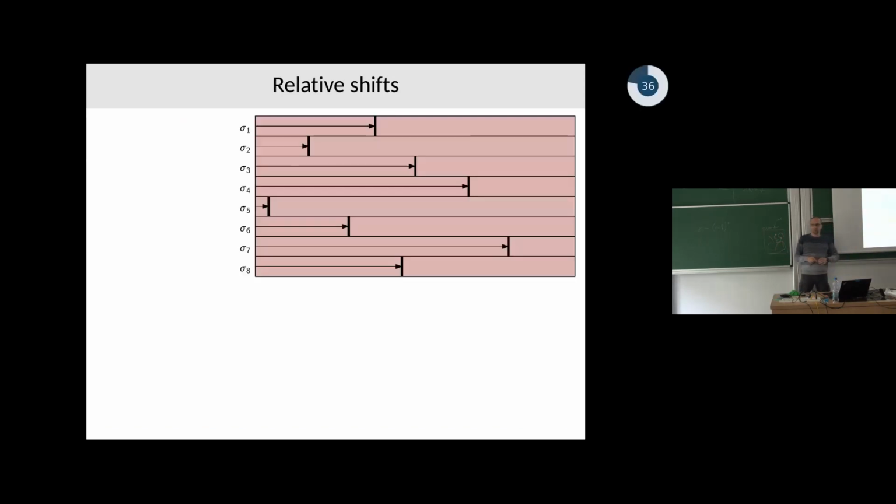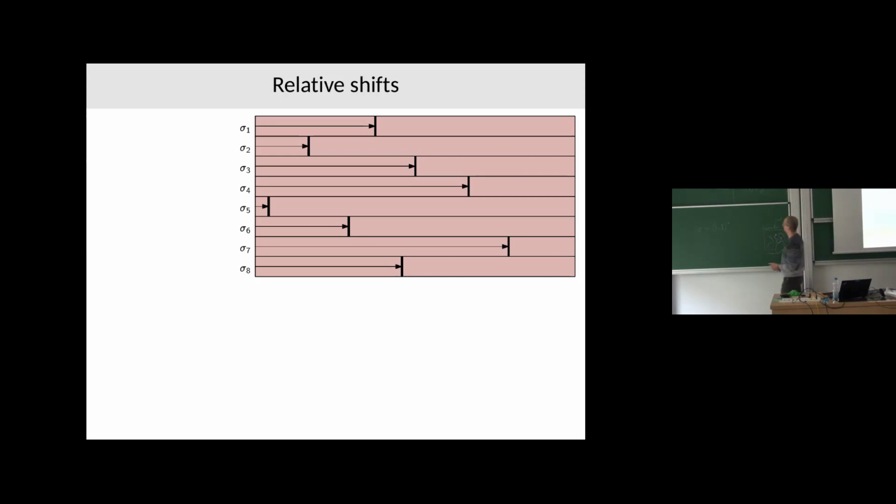Okay, so the idea to overcome this problem is first not to look at the sequence of shifts, but to look at the tree of shifts. We have many ways of representing this shift between these rows. And for example, it is clear that we are not interested in absolute shifts, but in relative ones.